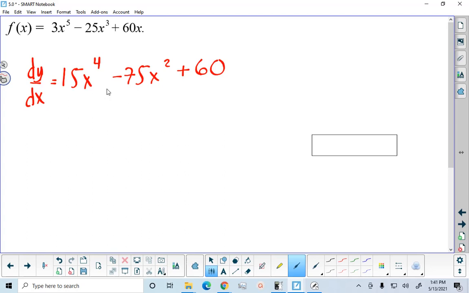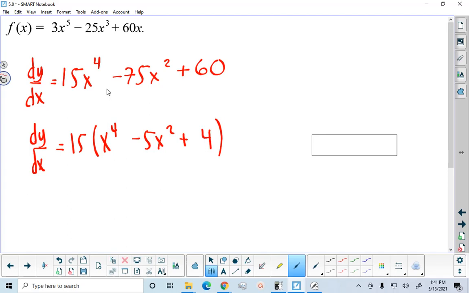Okay, we can factor out a 15 and have x to the 4 minus 5x squared plus 4. I can factor the middle part as a quadratic, the leftover part as a quadratic. I don't think we need to have a discussion about the discriminant here, because it's a quadratic with an even exponent, half of that, and then no exponent for x on the last term.